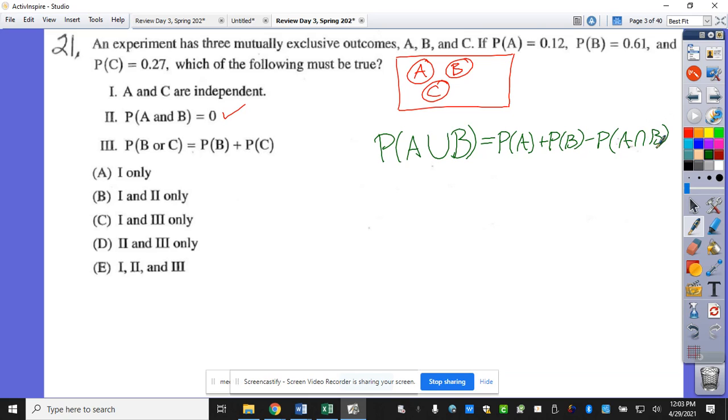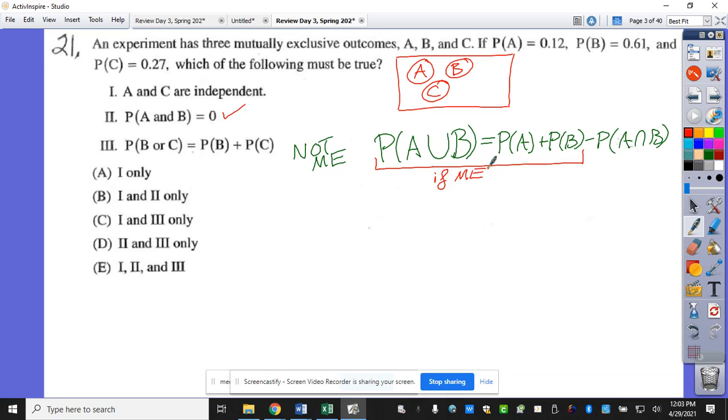Now this equation is for what kind of events? You should be able to see the difference because of what we just said. If they are mutually exclusive, what part of this does not apply? It's zero. So this part is all that we need if they are mutually exclusive.